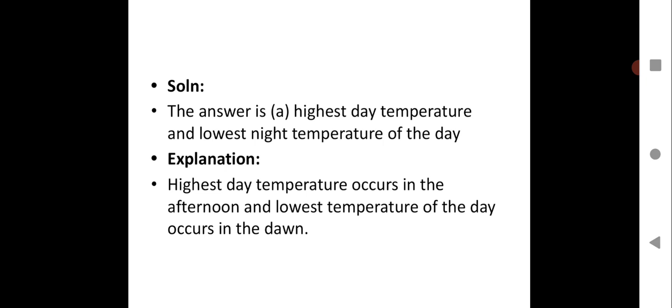These two temperatures are recorded in a day, and that is the weather report of the temperature of the day. Suppose in Delhi, they record the highest temperature as 40 degrees and the lowest temperature as 32 degrees. The highest is recorded in the afternoon and the lowest is recorded at dawn. I hope this is clear.